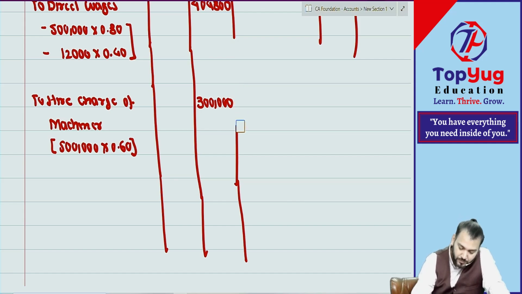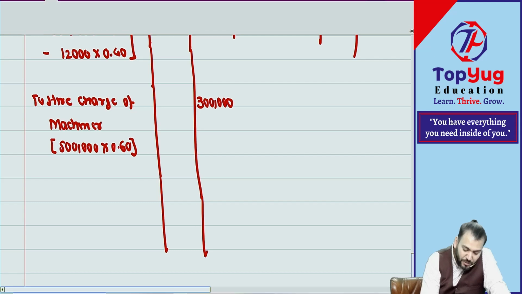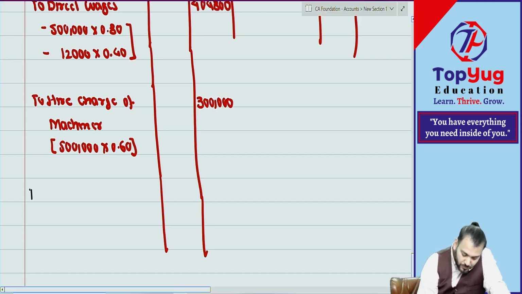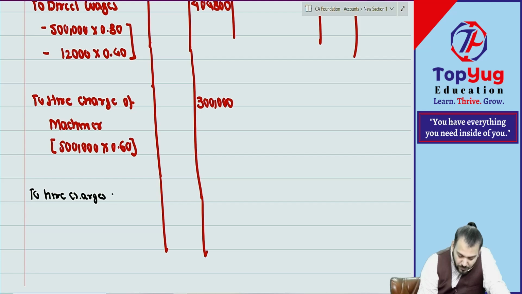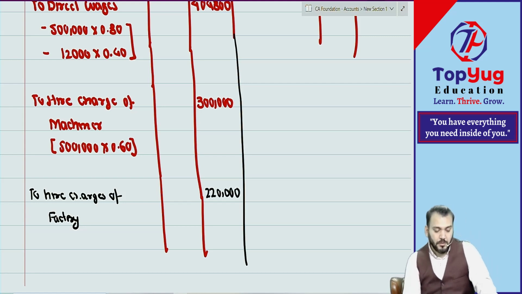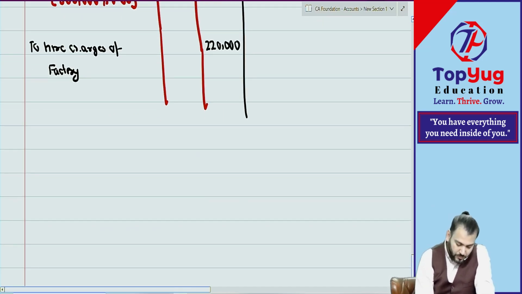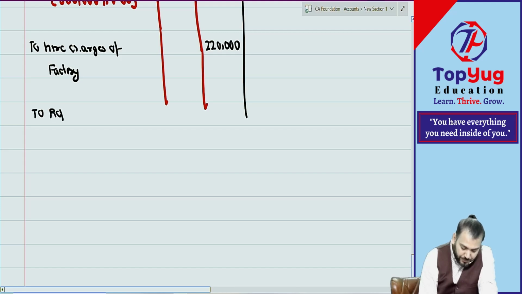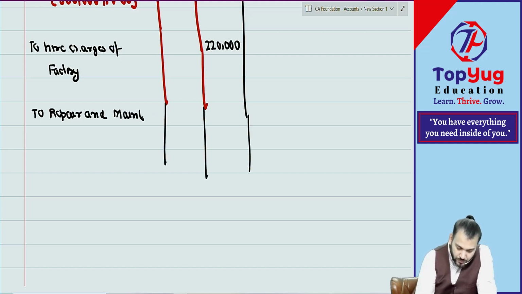Then hire charges of factory, 2,20,000. Any other cost given? Repair and maintenance, 1,80,000.